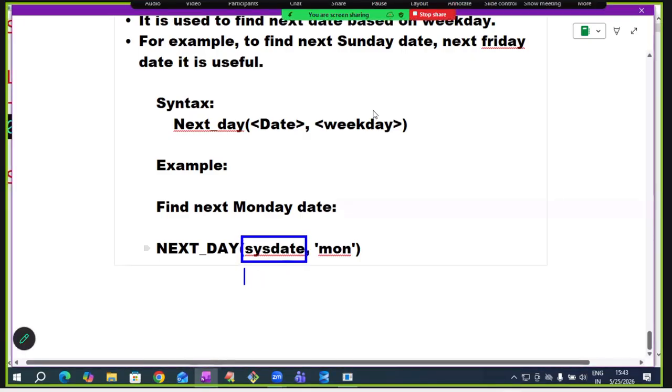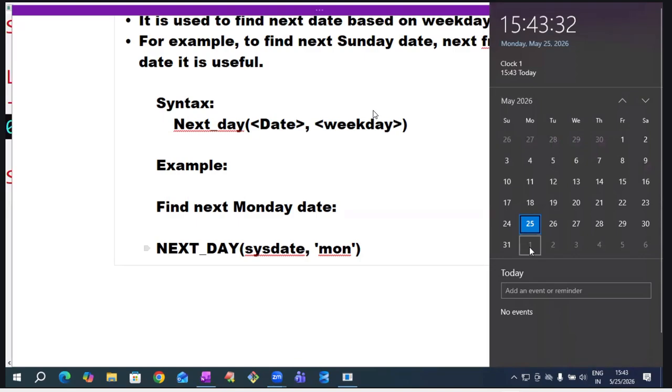Okay, so today is 25th May. Today is Monday. If I write like this, from 26th May onwards, when first Monday comes, it's fine. When next Monday comes, next Monday falling on first June. Today is Monday. Next Monday, coming Monday date is first June.